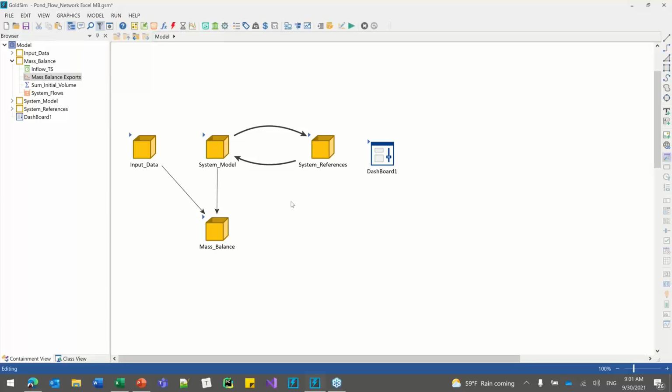But once that's taken care of, any other changes that don't involve rerouting of flows will automatically be accounted for in your mass balance check and make your life much easier.